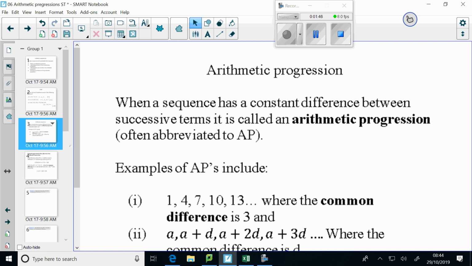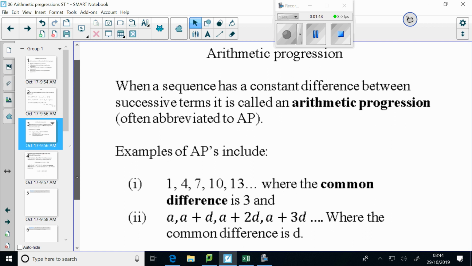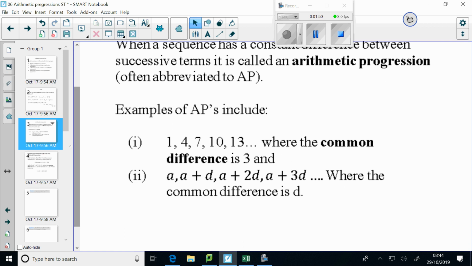Examples of APs, well, you've already seen three, but the AP 1, 4, 7, 10, 13, where the common difference is 3, and then defined in the algebraic way, if it starts at A, and A is the first term, and D is the common difference, and the second term is A plus D, the third term is A plus 2D, the next term A plus 3D, and so on.